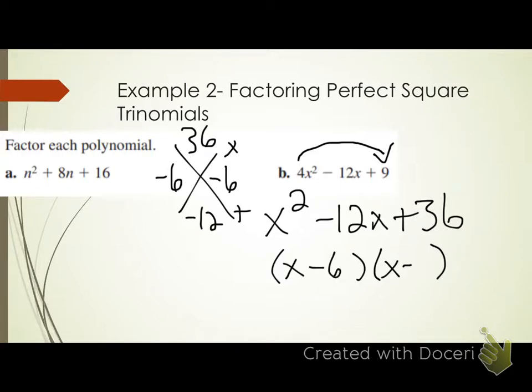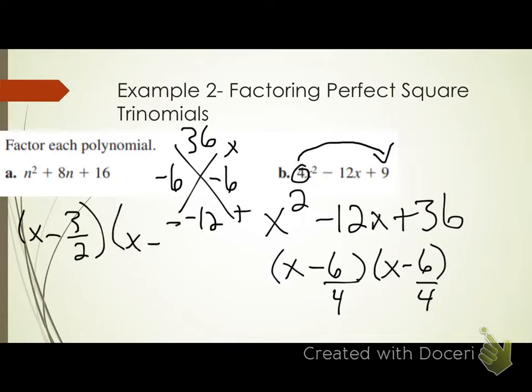So I'd fill those into my parentheses. And then don't forget, you have to divide by the number you slid over earlier. So that'd be 4 in this case. So I'm dividing both of my 6's by 4. That would give me x minus 3 over 2 when I reduce my fractions, times x minus 3 over 2.